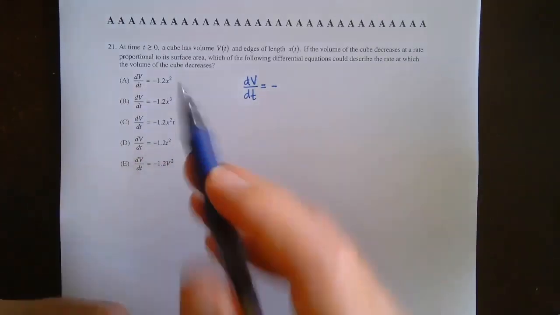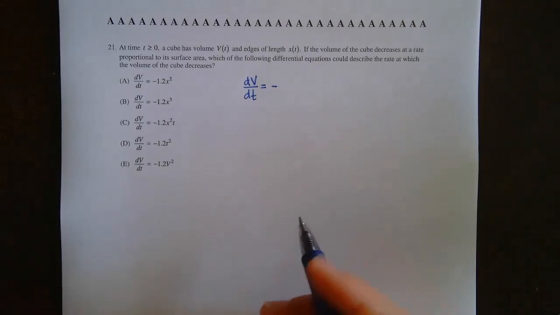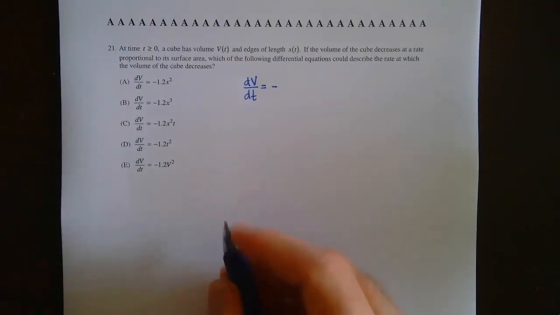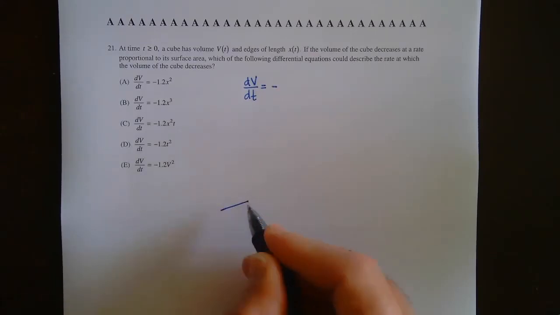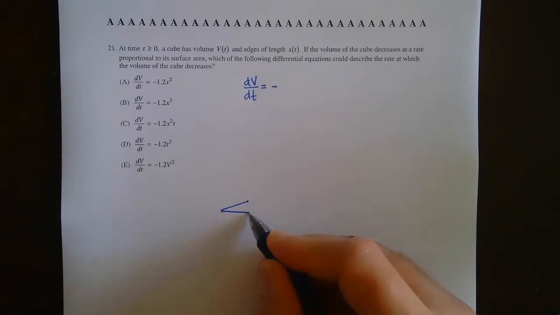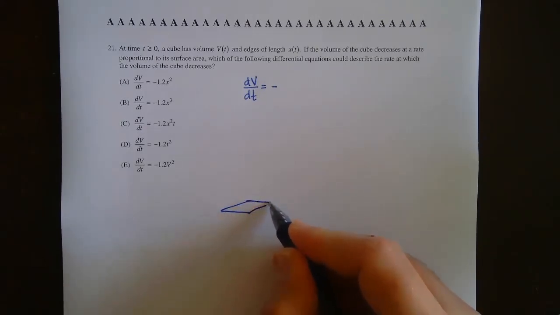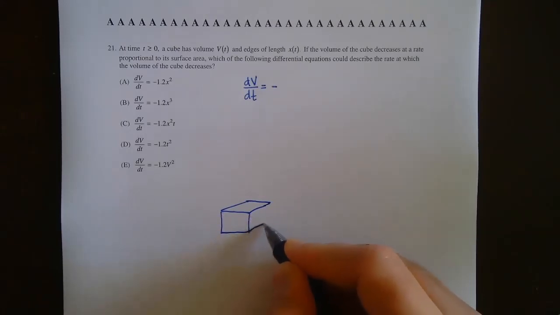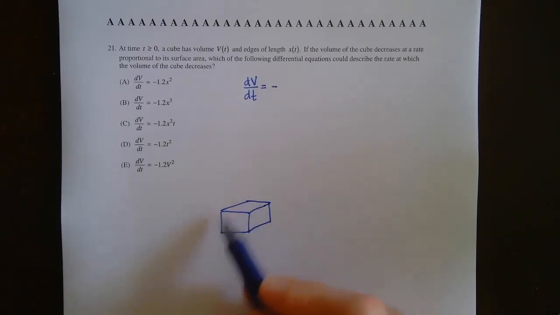Now, proportional means some constant times, okay? So proportional to the surface area of a cube. A cube looks something like this. I'm trying to draw a cube. Its surface area is the area on the outside.